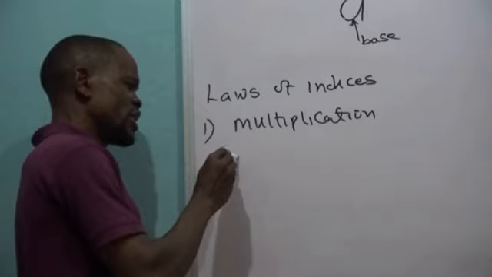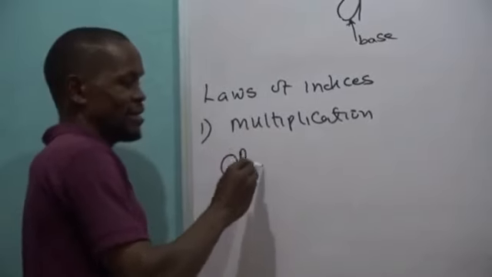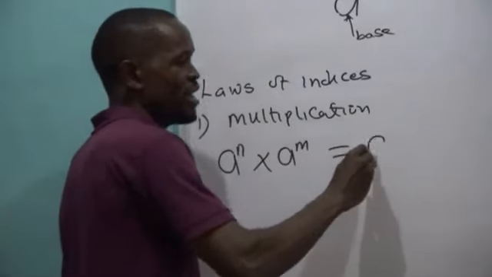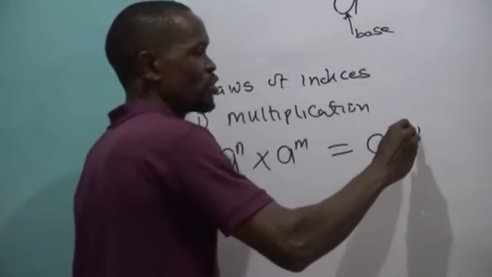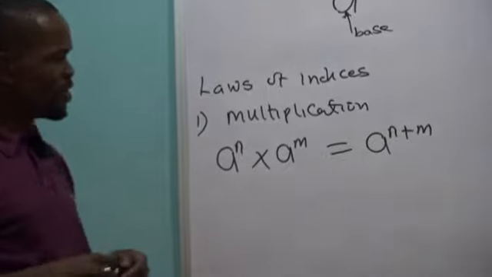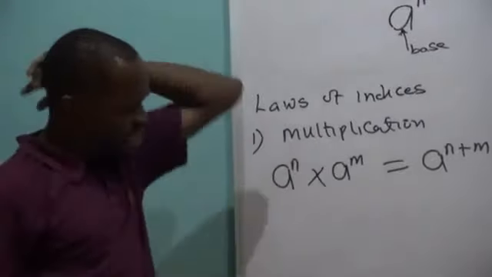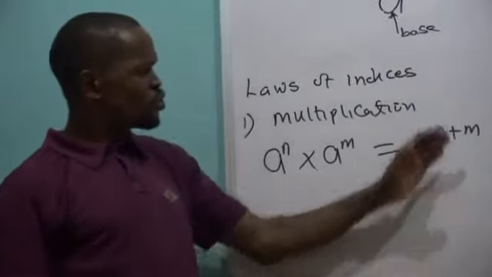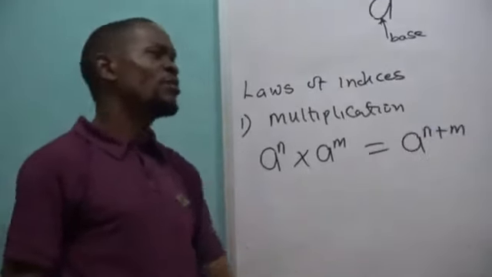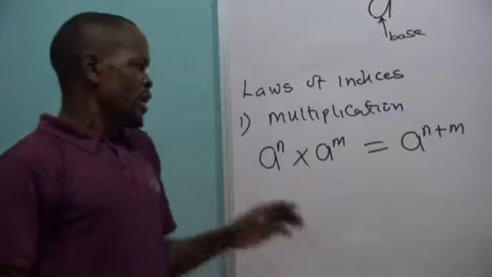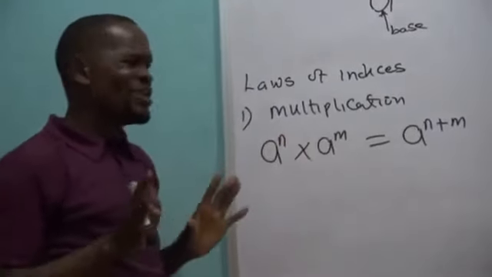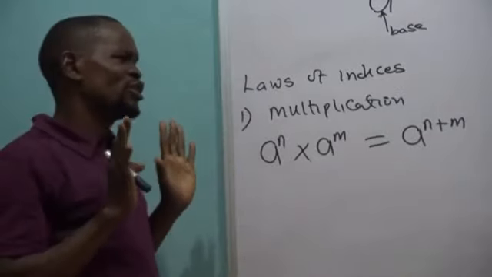This multiplication law is telling me that a raised to power m times a raised to power n is equal to a raised to power m plus n. That's the multiplication law. This multiplication law is telling me that a raised to power n times a raised to power m is equal to a raised to power n plus m. This is the format. This is what I need to put in my brain. I don't need any other thing. This is the format for the multiplication law.